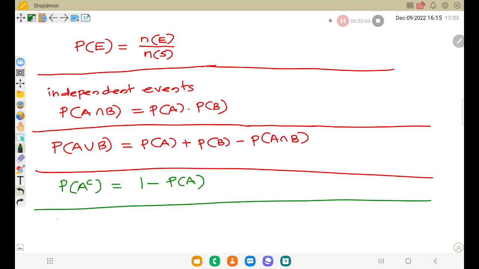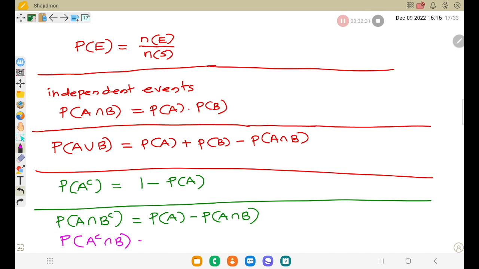After that we discussed the probability of A intersection B complement. What is the probability of A intersection B complement? Probability of A minus probability of A intersection B. Then lastly we discussed the probability of A complement intersection B. What is the probability of A complement intersection B?